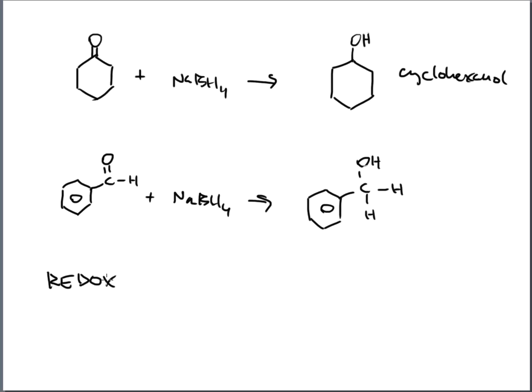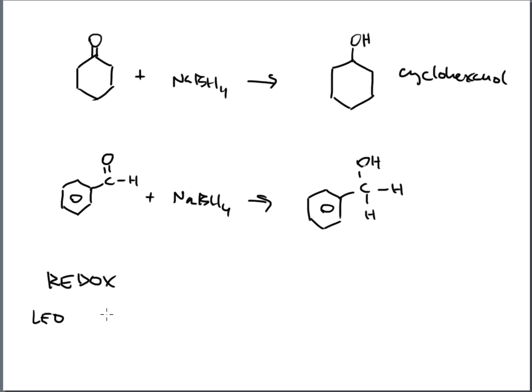Redox was this whole concept that you can lose electrons or gain electrons in reaction schemes, and this was a way that we classified things, especially half reactions back in the day. When we were talking about galvanic cells and batteries and how they work, all of that is based off of redox, as well as a few other reactions that we can do in a laboratory.